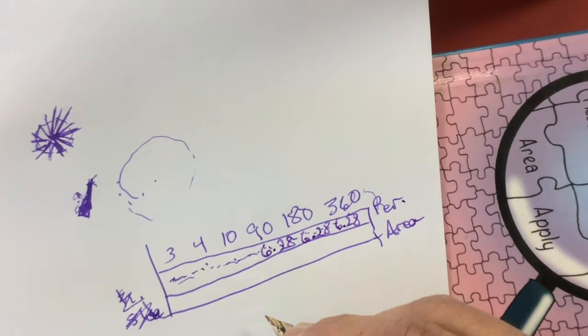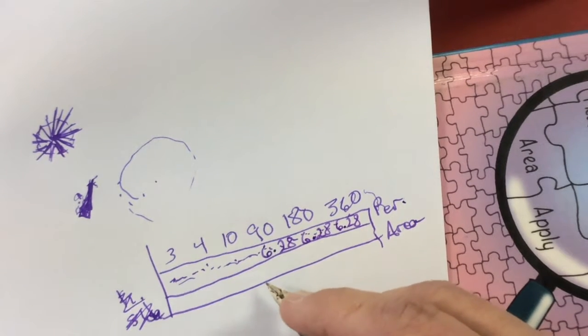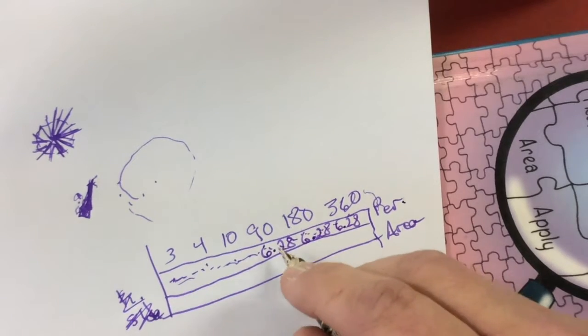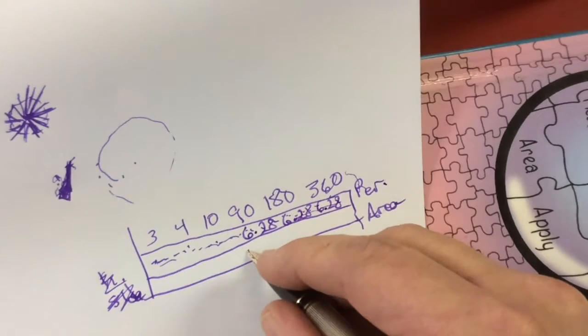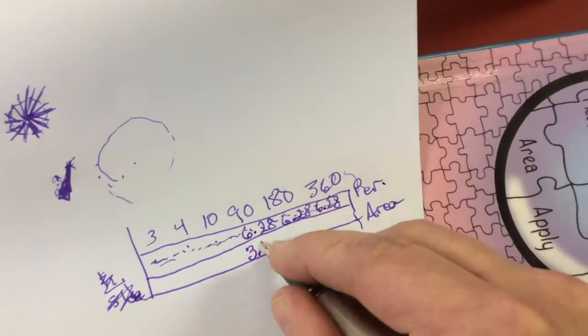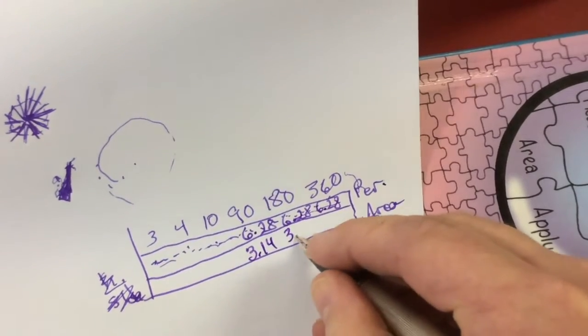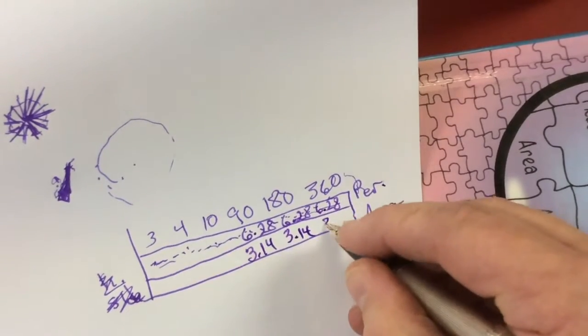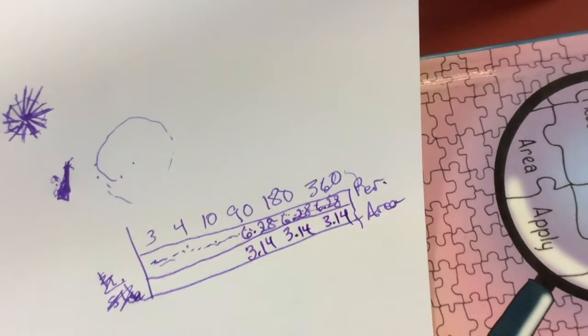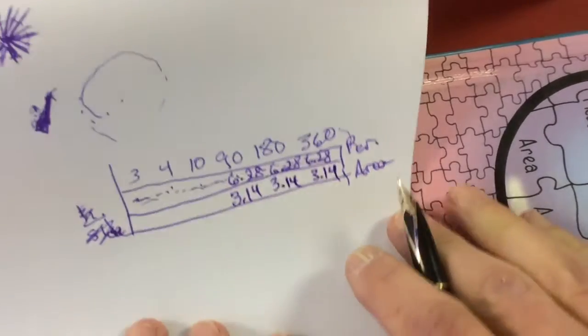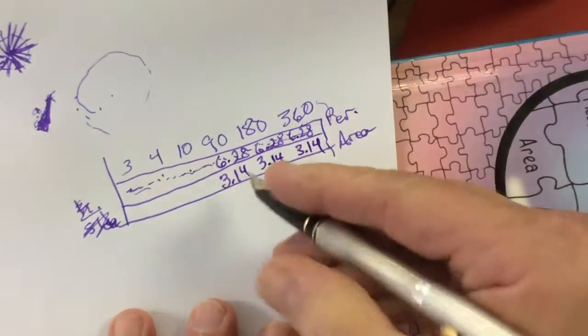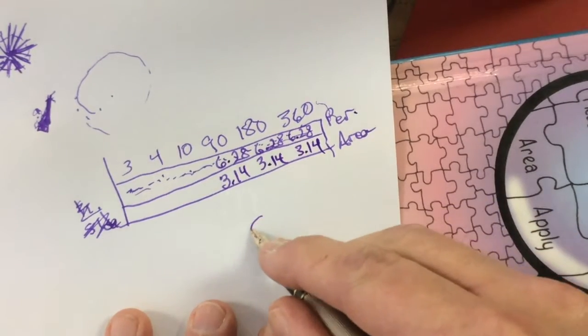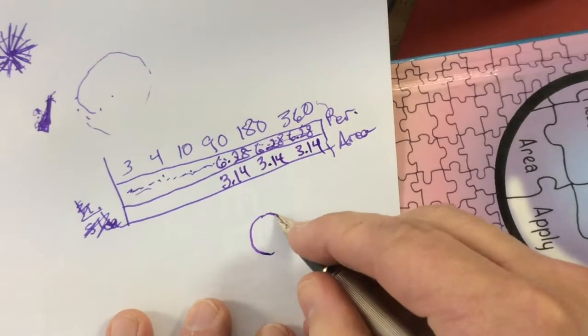So it doesn't matter how many more sides you add, it's going to be 6.28. The area, 3.14. In other words, as you have more and more and more sides, this thing gets closer and closer to being a circle.